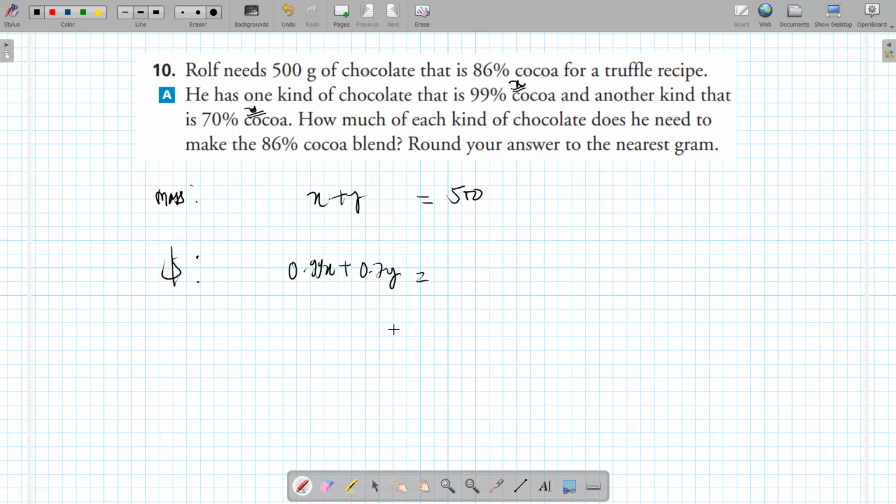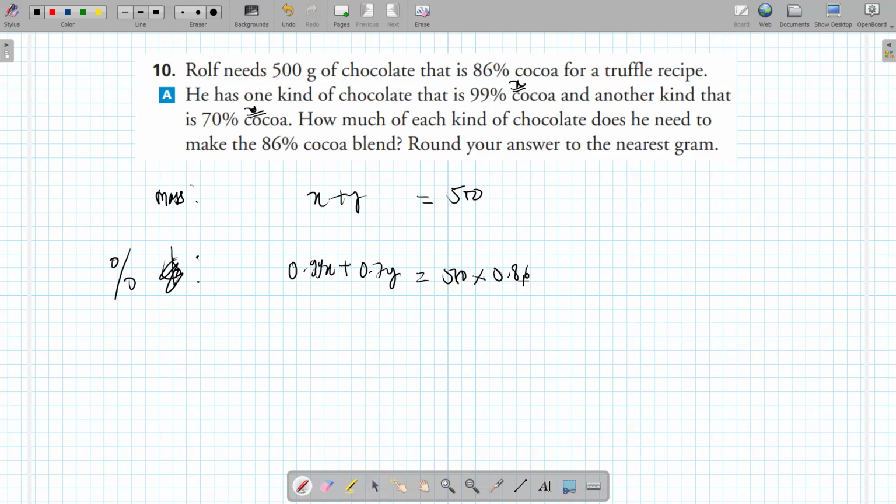What's on the right side? Is it 500 times 0.86? Yeah, this was not the dollar, this is the percent, but the idea is the same. It'll be 500 times 0.86.